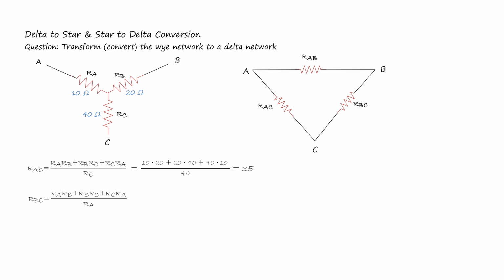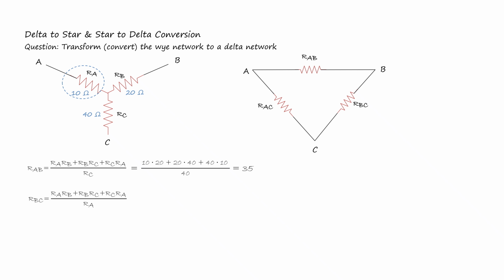RBC is equal to RA times RB plus RB times RC plus RC times RA divided by RA. RA is 10 ohms, which is the opposite of RBC.